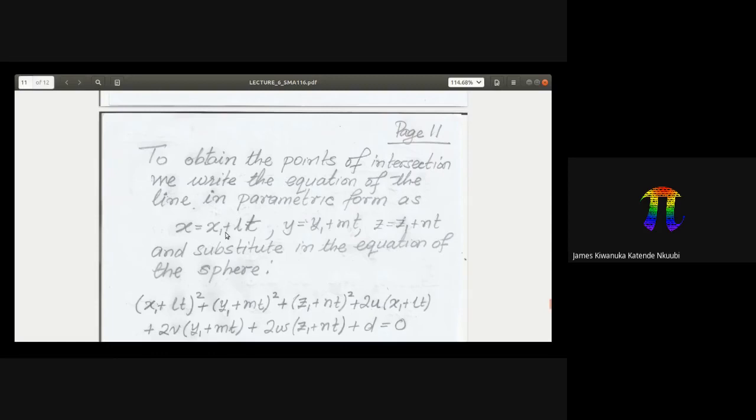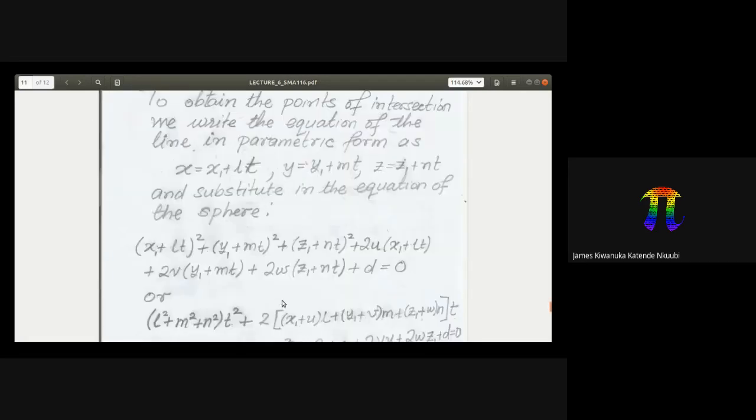So let's continue. If this point is on the sphere, then it must satisfy the equation of the sphere. So for us to find the point of intersection, we can plug these values of x, y, and z from the line into the equation of the sphere.